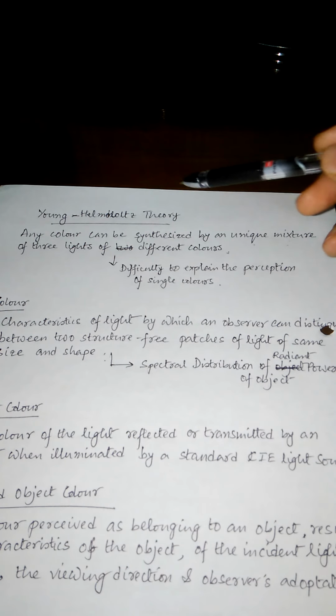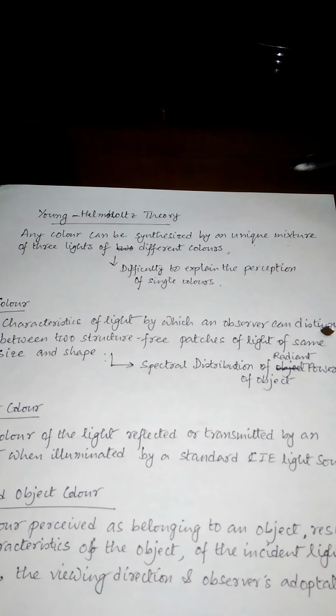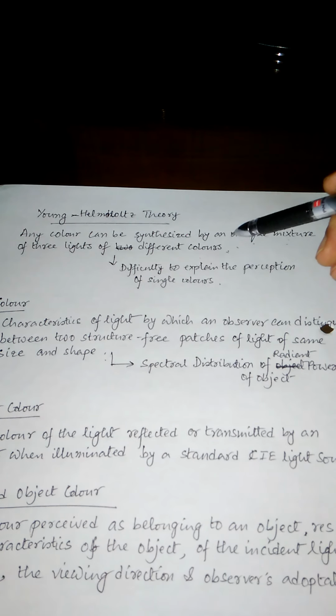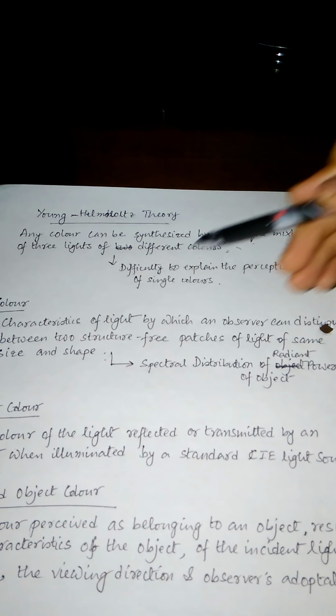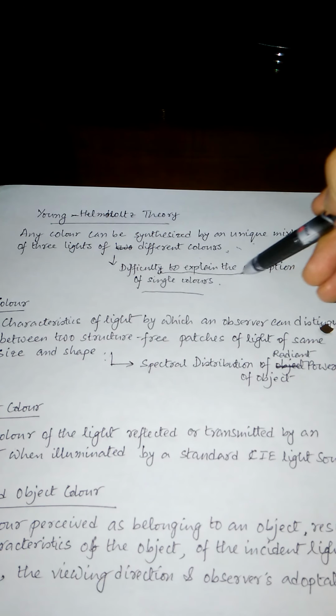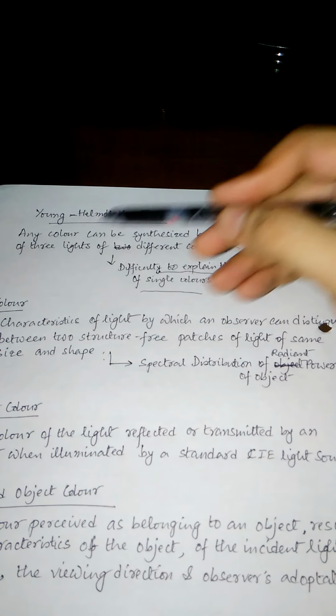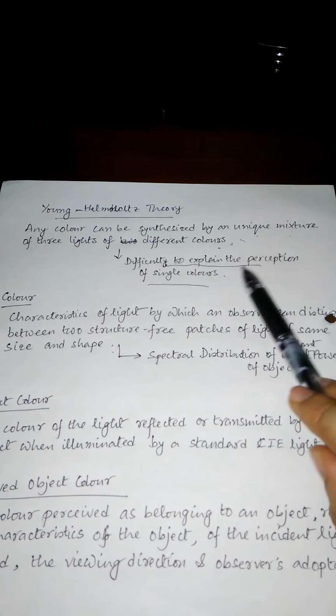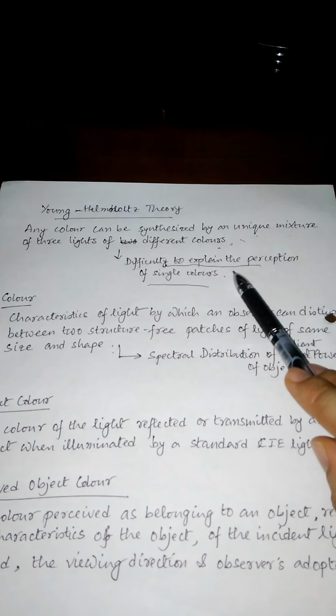So if we synthesize a particular unique color, it is a unique mixture of three lights of different colors. But depending on this theory, it is very difficult to explain the perception of single colors, because we already see that it is a mixture of three different colors. So to get the particular perception of a single color is very difficult.